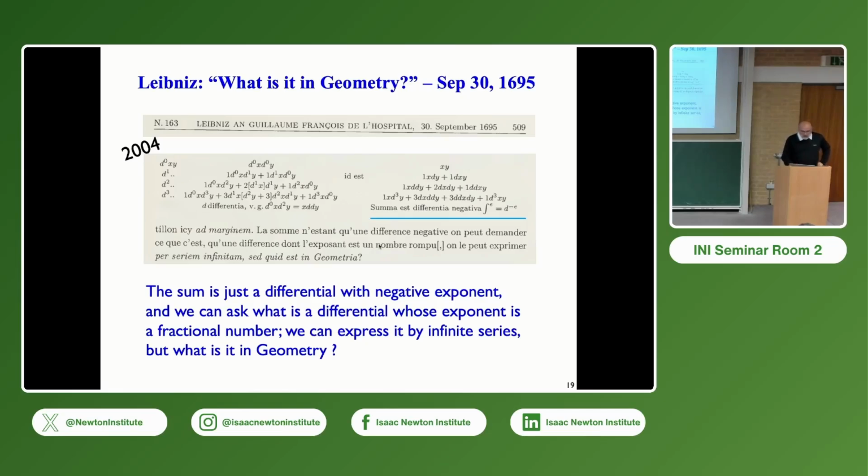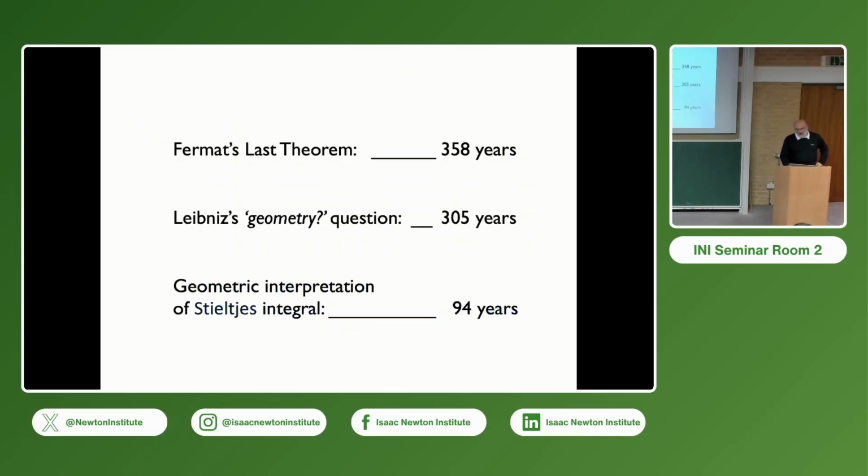And he raised an interesting question here. In the same famous letter, absolutely the same letter, he says, we can express those things by infinite series, but what is it in geometry? So here is the question about geometric interpretation of those operators, basically. There are questions that wait for the answer a long time.